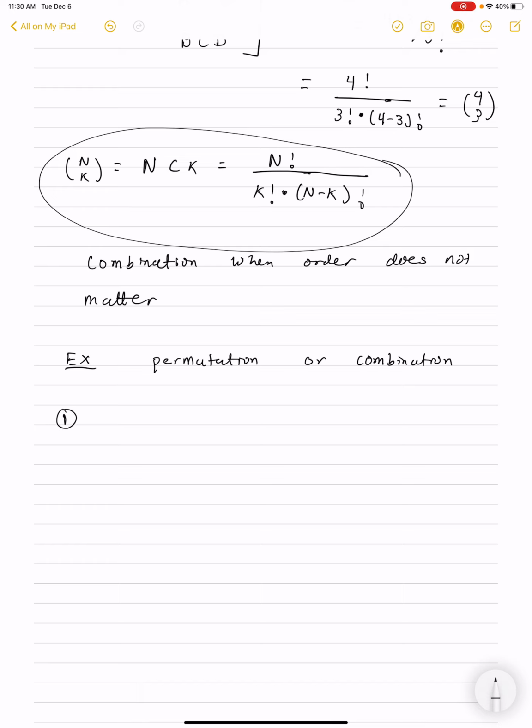So here's going to be the first example. I need to select the top performers at my company, or the best workers.